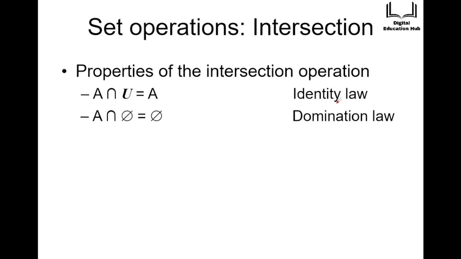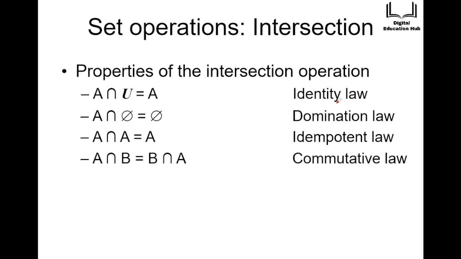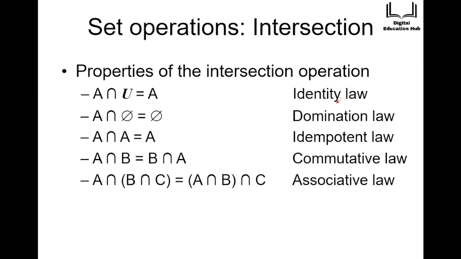The intersection of any set with the null set results in null. This is the dominance law. A intersection A, the intersection of set A with itself, results in set A itself, since the same elements will be common. This is called the idempotent law. The commutative law, the distributive law and the associative law are applicable here also.